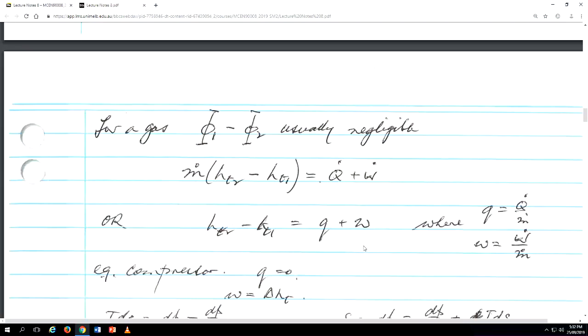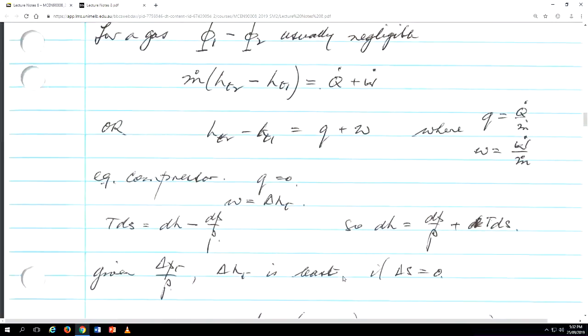So let's do something now for a compressor. Let's suppose we were talking about the compressor in a gas turbine. To a good approximation, no heat is being added or extracted in the compressor. Then we can write down that TdS is dH minus dP over rho, or that dH is dP over rho plus TdS.